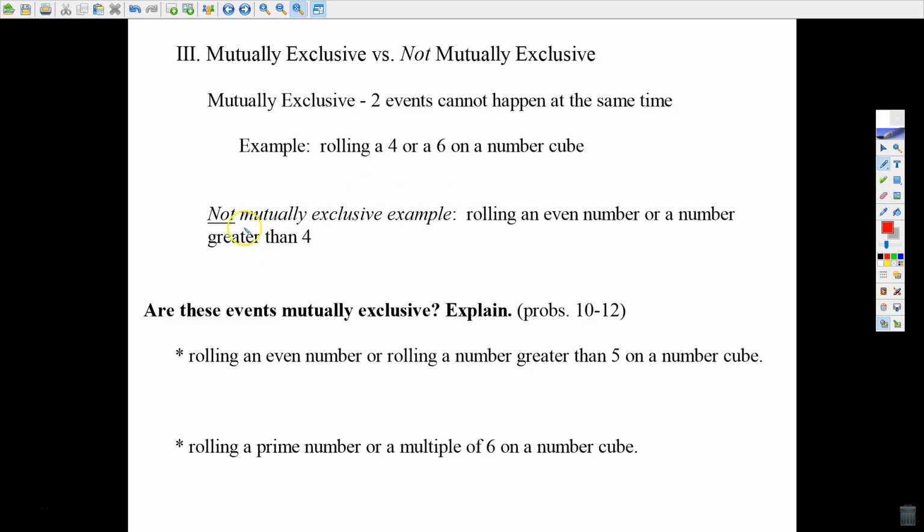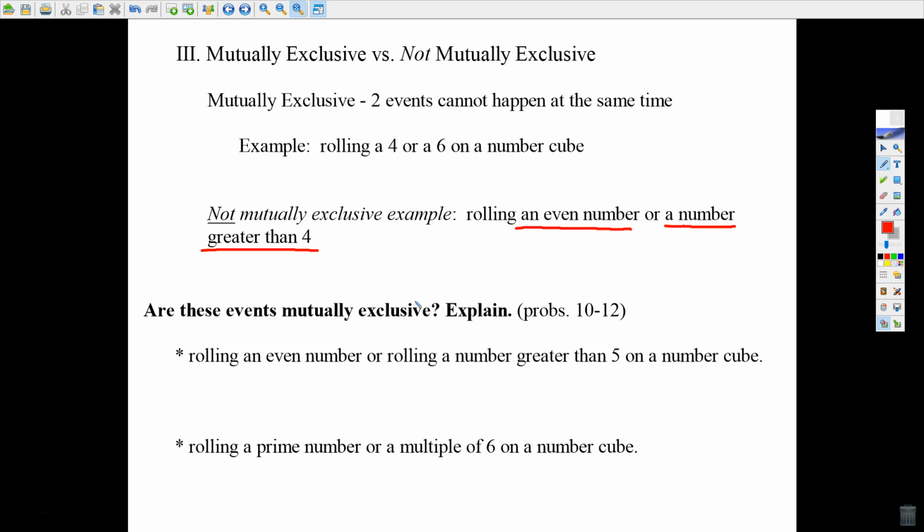Well, let's take a look at a not mutually exclusive example. With one single roll of a number cube, is it possible to get an even number and also that same number be greater than 4? What number have we just described? 6.